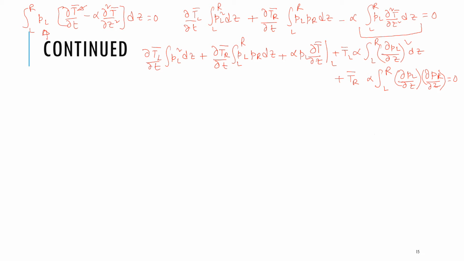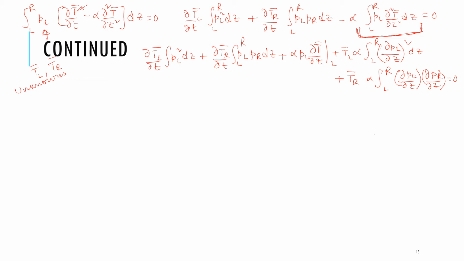So I simply have substituted what we derived in the last slide for this term, so we got this equation. So this is one of the two equations that we'll solve to get TL bar and TR bar, which are my unknowns. Okay, so let's not forget that.